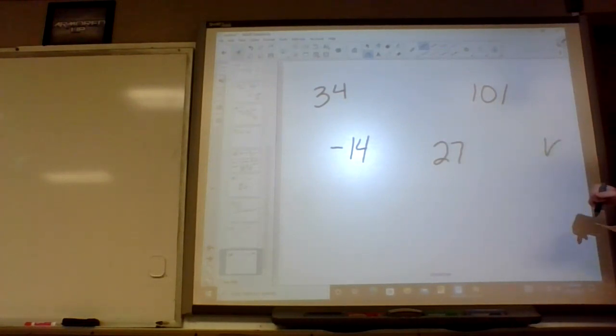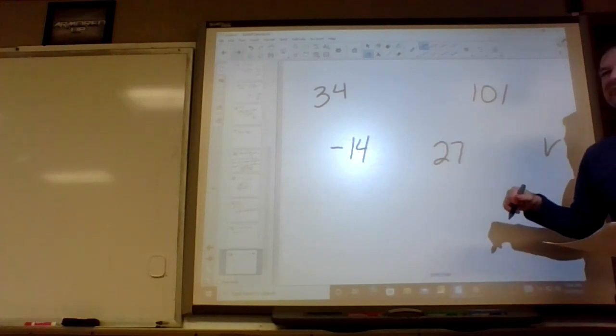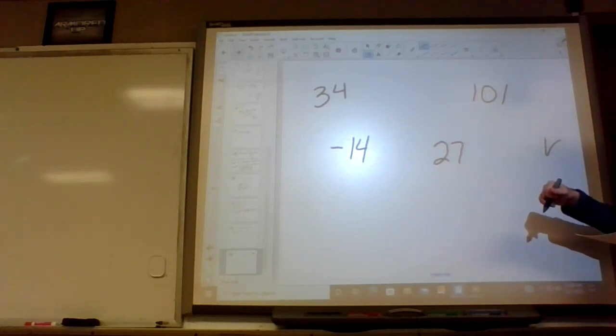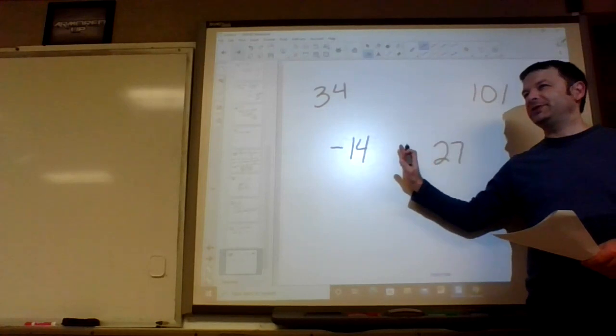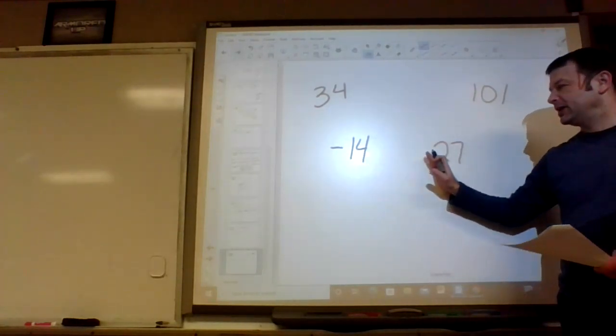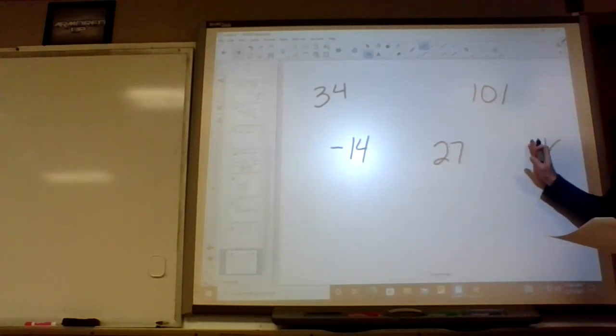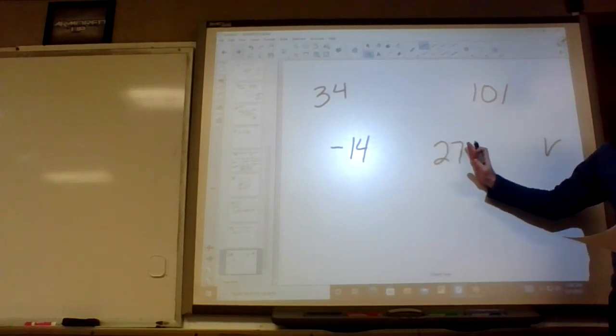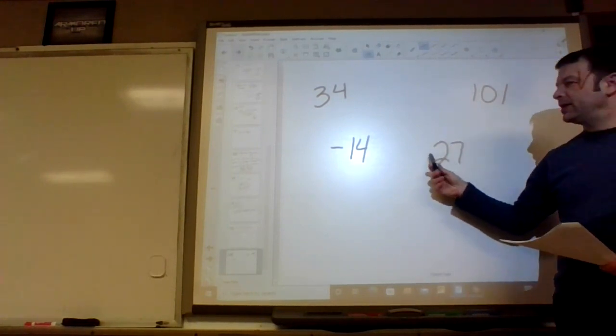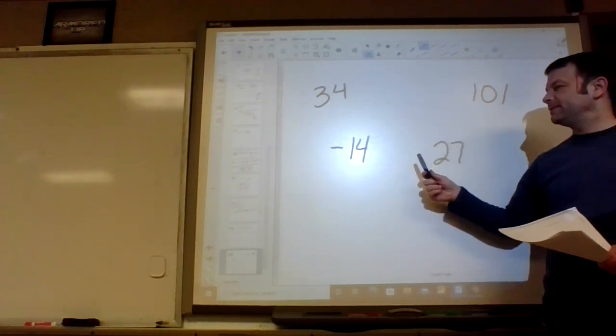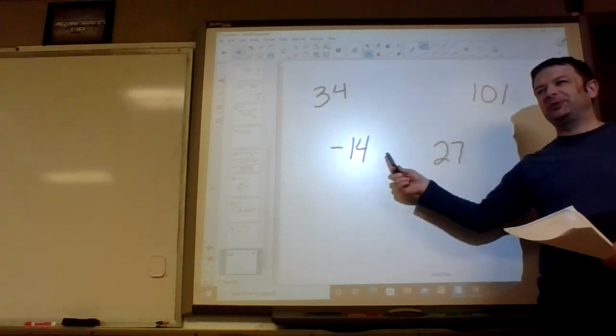Will, what do you think? Turn 14 into absolute values and add them, so you know exactly how much space is between them. Okay, he's saying find the distance from here to here, and then add that number on to the 27, right? That would work too. Do you guys remember how to find the distance between these 2 points?